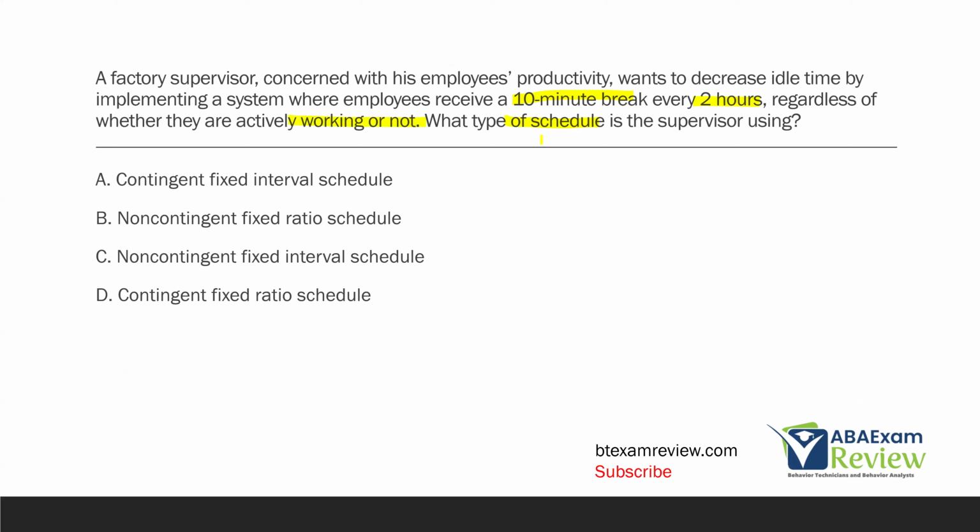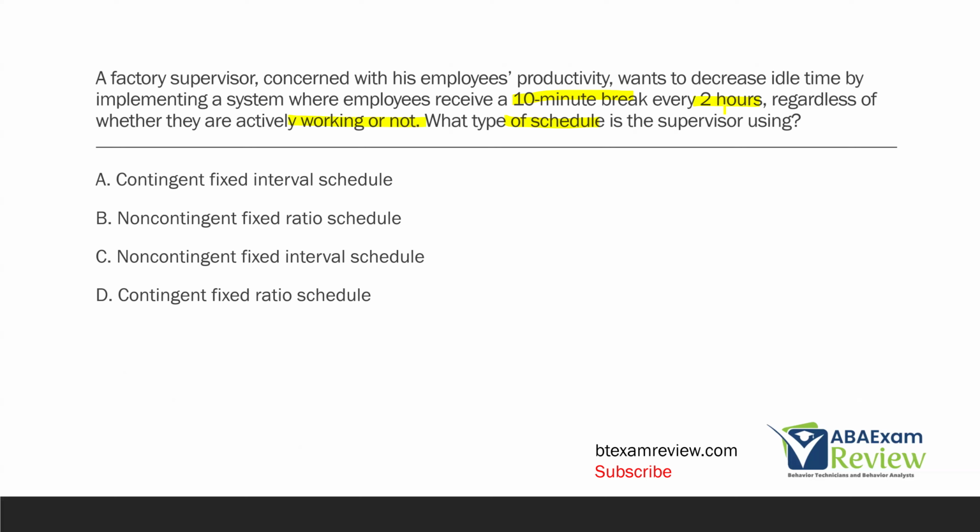So this is kind of an extension of our previous question, right? Regardless of what they're doing, if 2 hours pass, they get reinforced. Every 2 hours, is that time or is that response-based? Well, it's obviously time, right? Once 2 hours pass, you receive reinforcement.